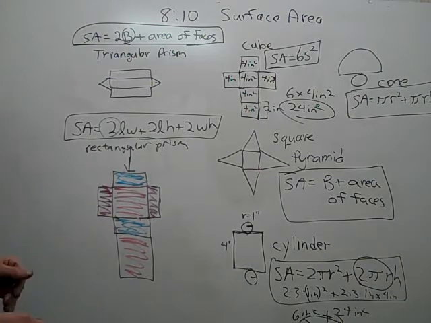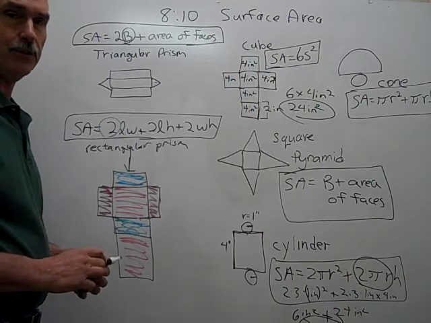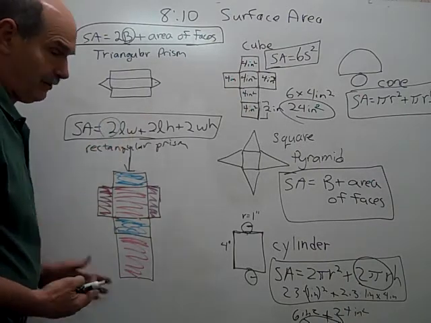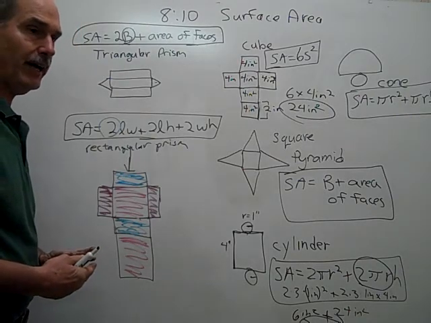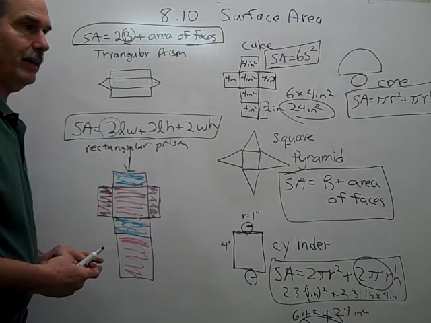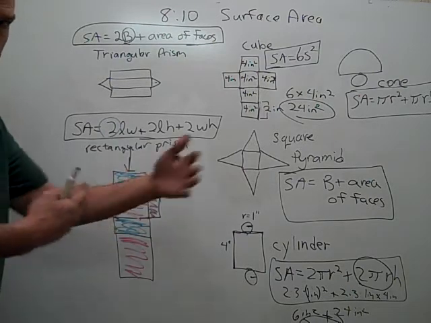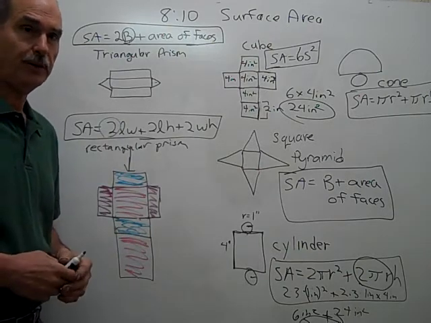I think I might have mentioned, but I want to just say it again. It's important to see that when you're working with surface area, usually you're adding some things together because you have various faces that you're adding up. But each face by itself has to have two linear, straight line dimensions multiplied by each other to get square units.